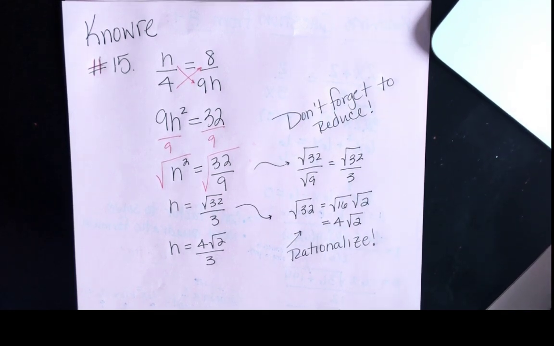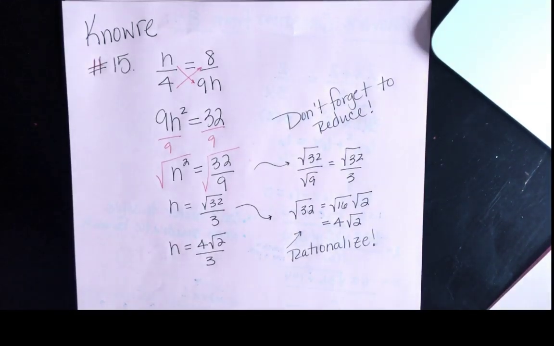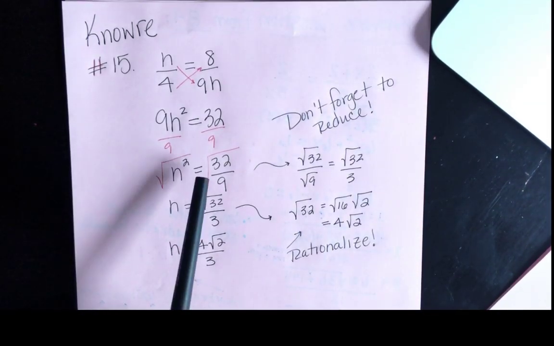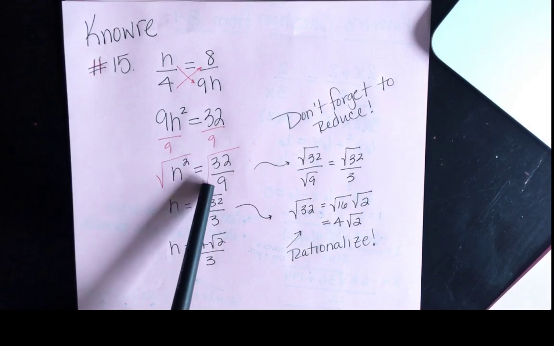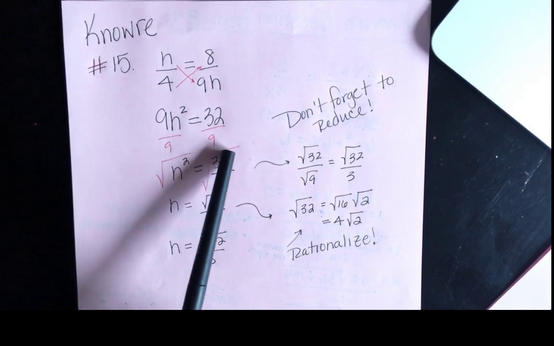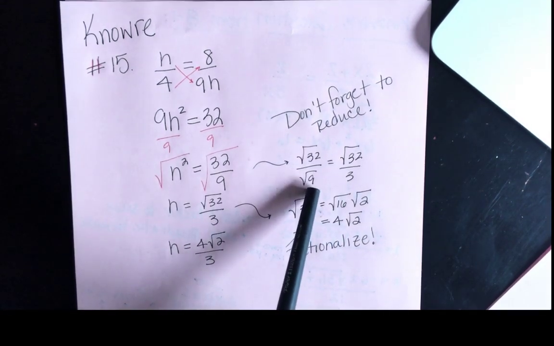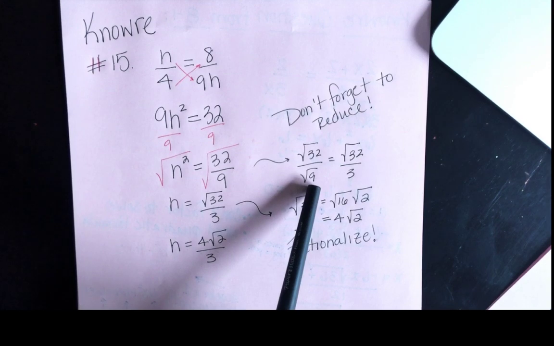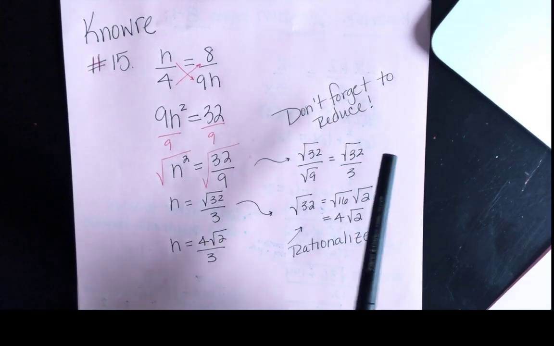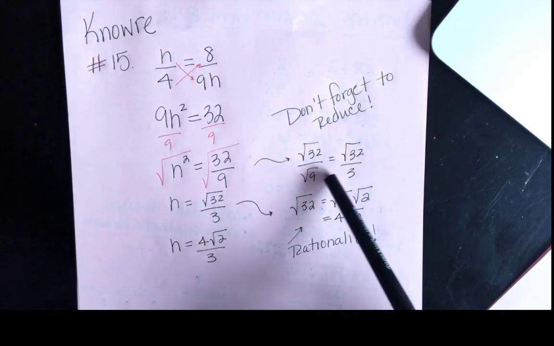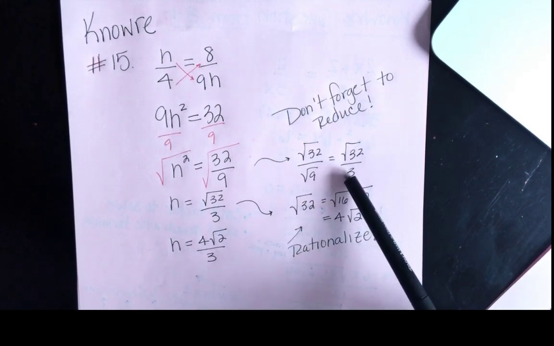But one of the things that we have to make sure is that when we are simplifying, we remember our rules for square roots, which means if I take the square root of 32 over 9, we've got to make sure that we can separate it. And then make sure that if you can do the square root of 9, that is 3.